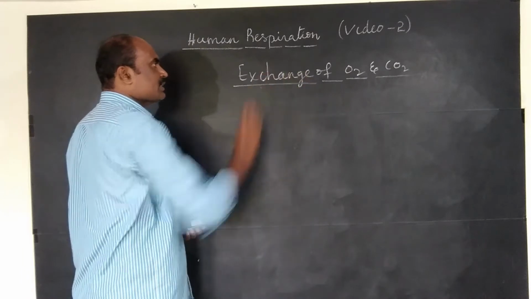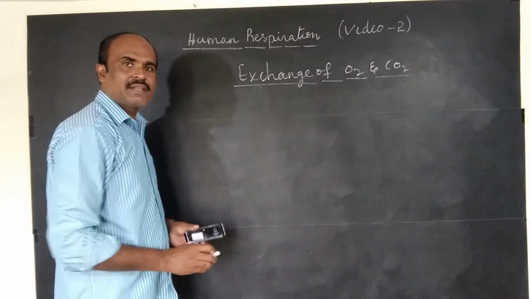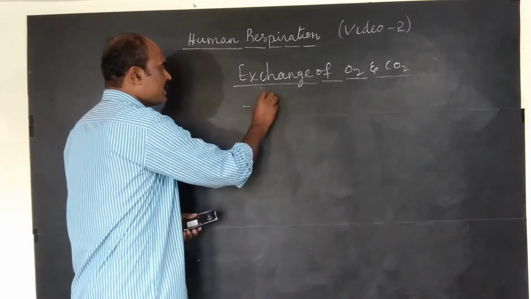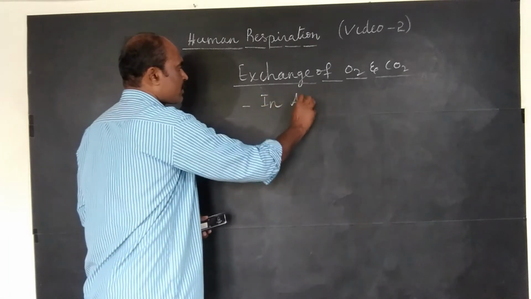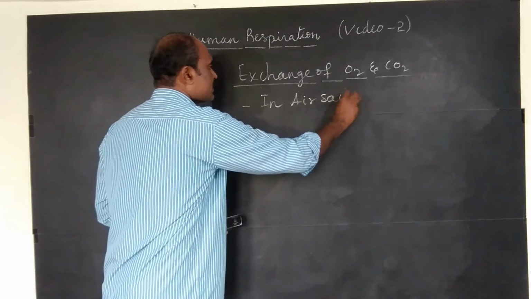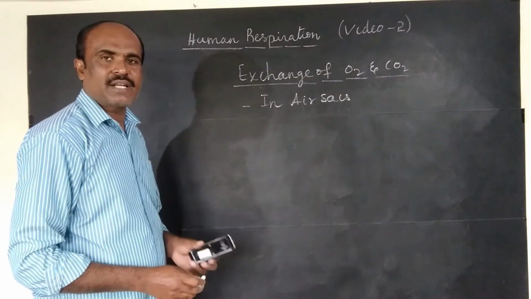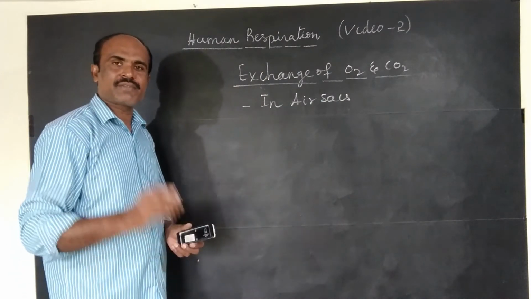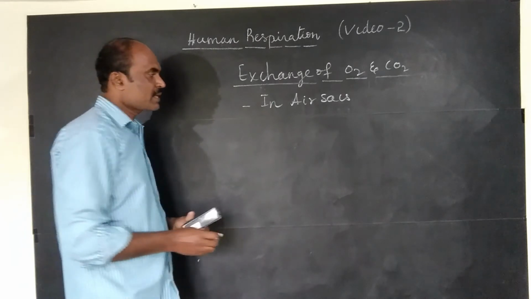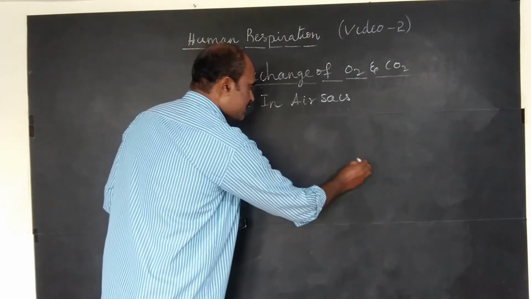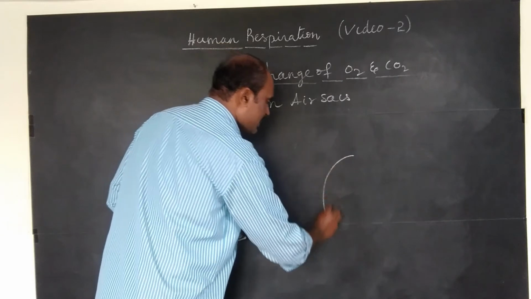This exchange of oxygen and carbon dioxide takes place in air sacs, or alveoli. They are the structural and functional units of lungs that we have discussed already. See, this is air sac.